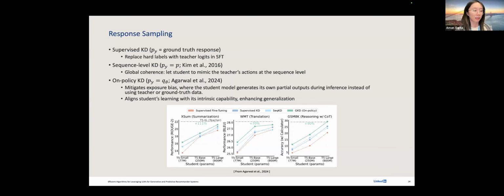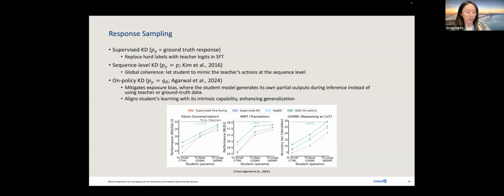So this is why this method is also named borrowing the term on-policy from reinforcement learning. One nice property of it is it mitigates the exposure bias, or in other words, the train-inference time distribution mismatch, where the student model generates its own partial outputs during inference instead of conditioning on the teacher or the ground truth data.